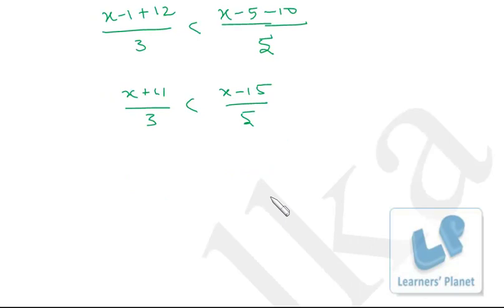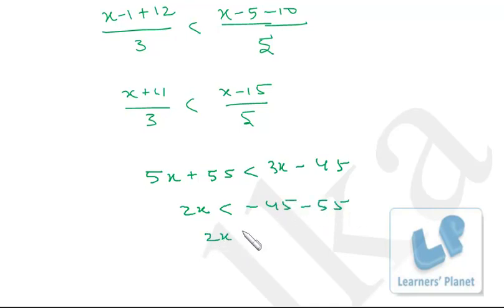Now again you can go for the cross multiplication. 5x plus 55 less than 3x minus 45. So 3x will take this side. 5x minus 3x is 2x, less than minus 45 minus 55. So 2x is less than minus 100. So x is less than minus 50, or we can say x belongs to minus infinity to minus 50. Okay, pretty simple.